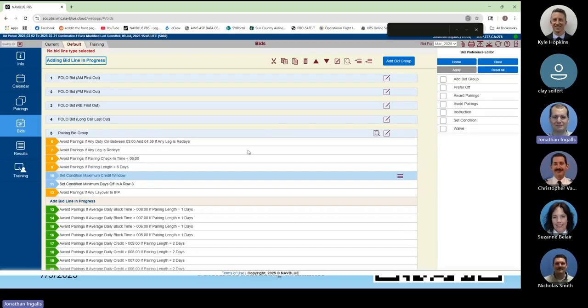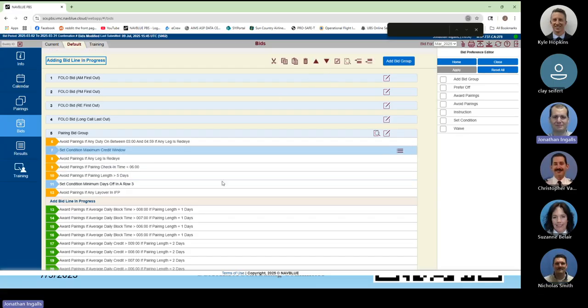You see my screen? Yeah. It would enter denial mode and see where that preference is for you. So like right here, if let's say the max credit window threshold is set for 100 hours and I'm at like 95 hours, so it needs to find more flying. The first thing it's going to do is deny Laughlin layovers and see if it can get me there. Eventually it'll get to deny the max credit window.